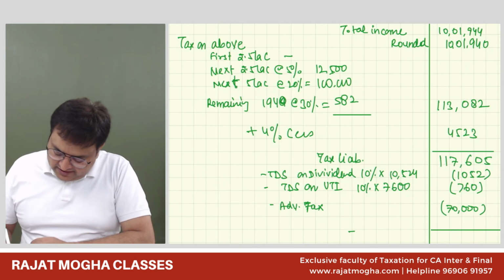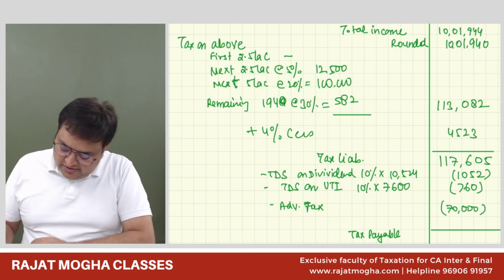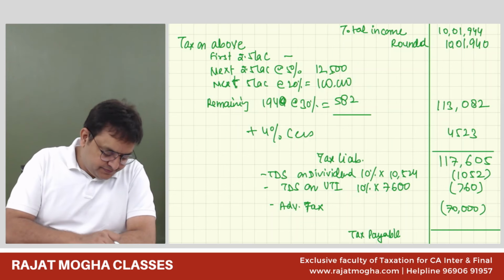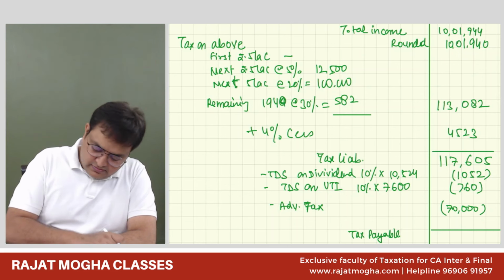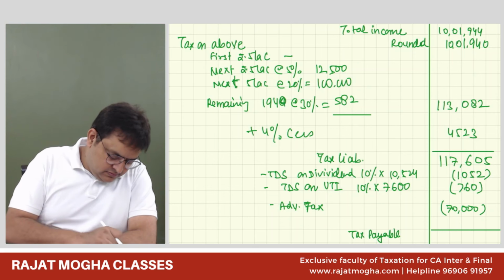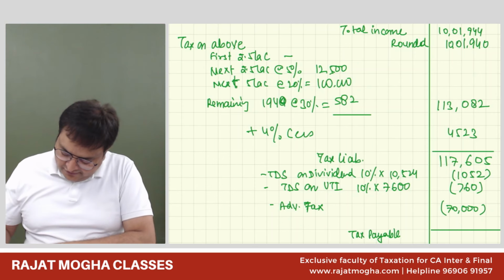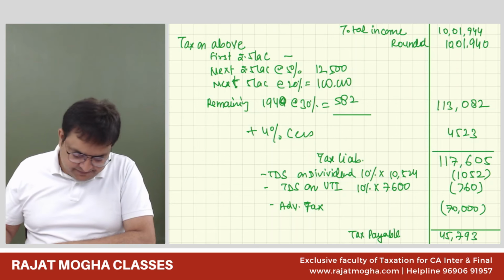So now this is called tax payable. And you can round off the final figure. So this is 45,790. And now you can round it off.